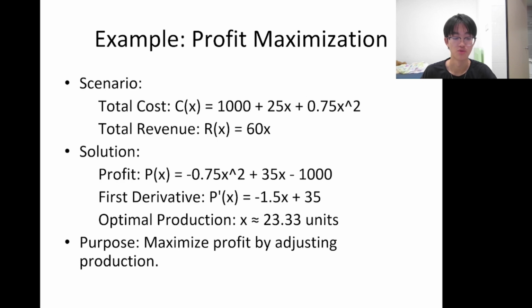So for decision making, it helps businesses determine the most profitable production level, and for resource allocation, it ensures efficient use of resources by avoiding overproduction or underproduction. And for strategic planning, it informs long-term business strategies for growth and profitability.